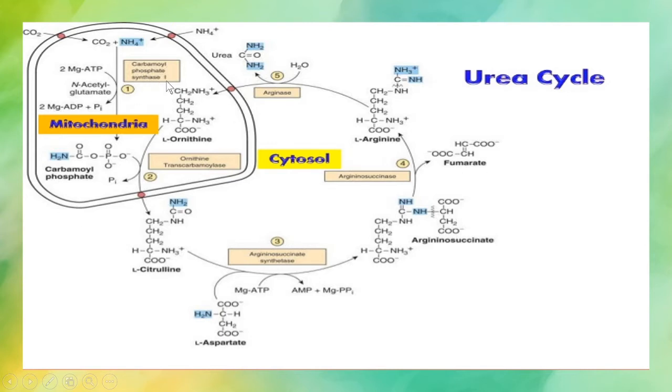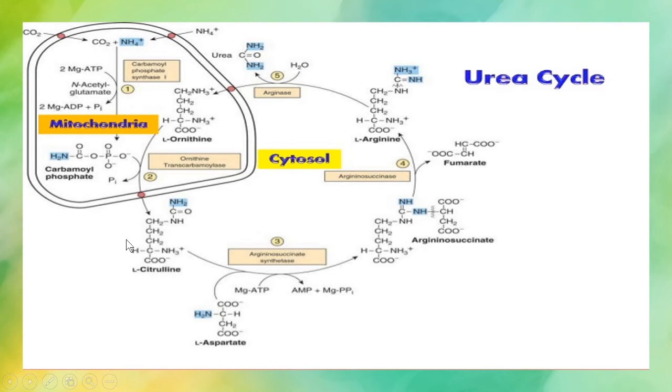It requires Mg2+ ions and a dicarboxylic acid, N-acetyl glutamate. This step requires 2 ATP.